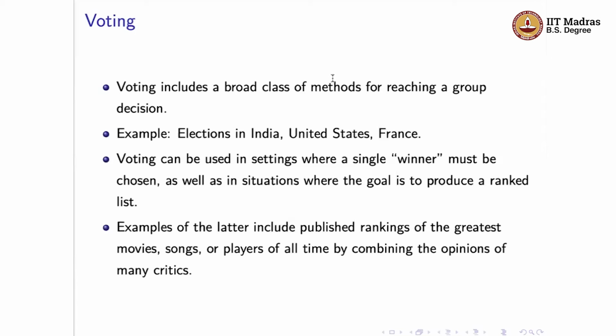And for each constituency, you have people voting for a particular person, and the person who gets the most votes is the person who is elected, right? Then they are elected into parliament, and on the basis of that you have decisions about, for example, which party is going to have the prime minister and so on, right?